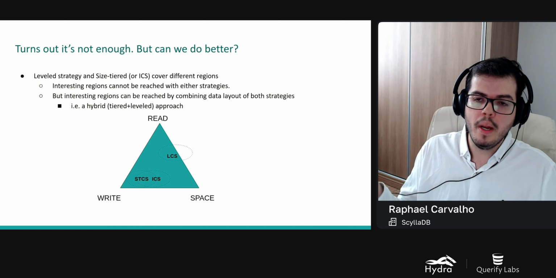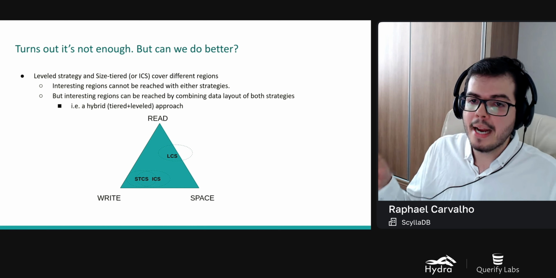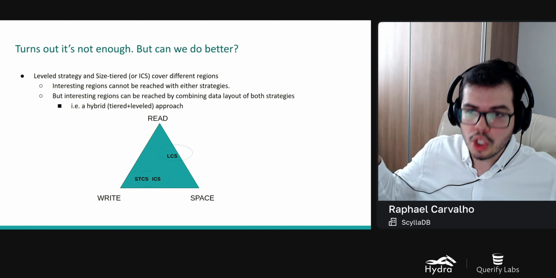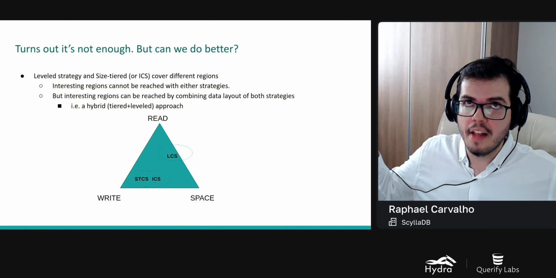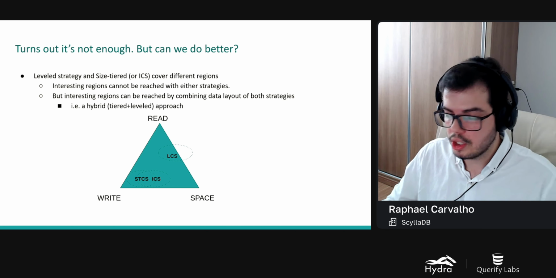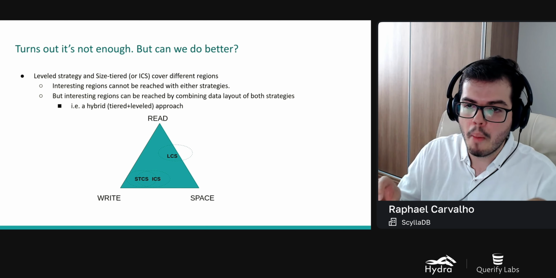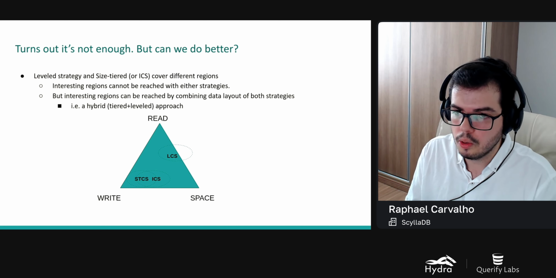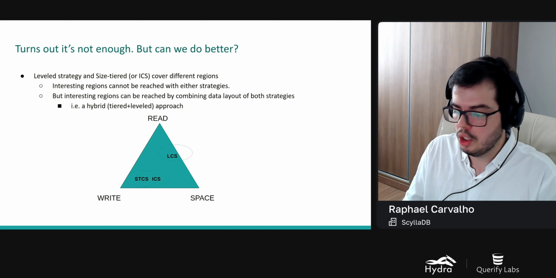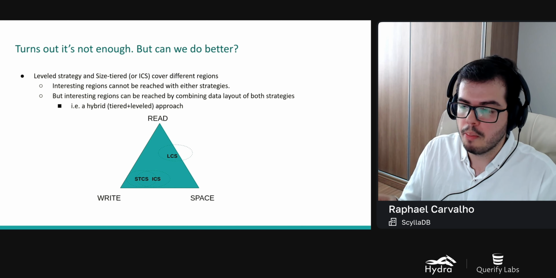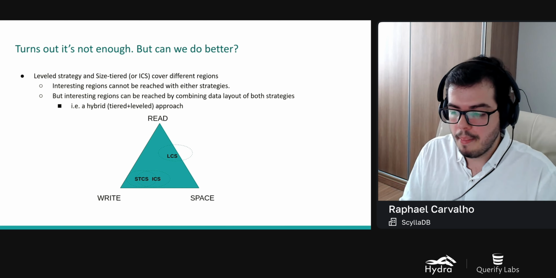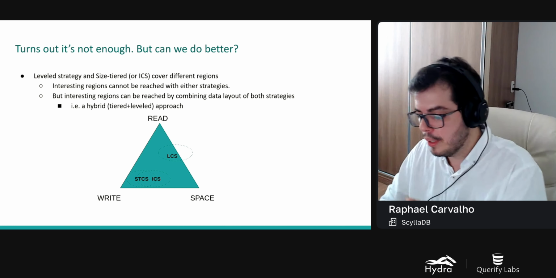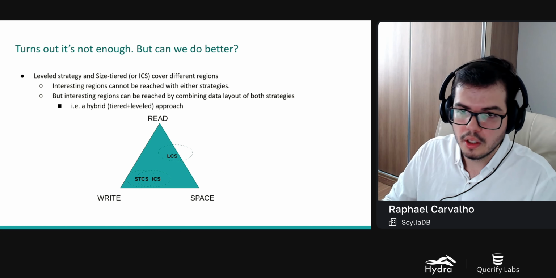So it's not enough. We can do better, basically by combining the layout of tiered and level policy, to bring something new that is good for overwrite intensive workloads, an alternative to level policy, which may not be good if the amount of writes is not negligible. So you could go with this incremental plus hybrid if you want.